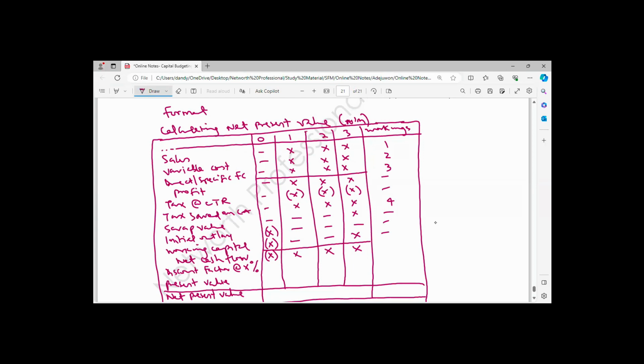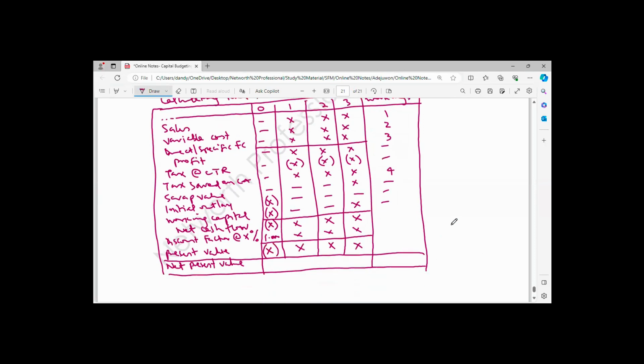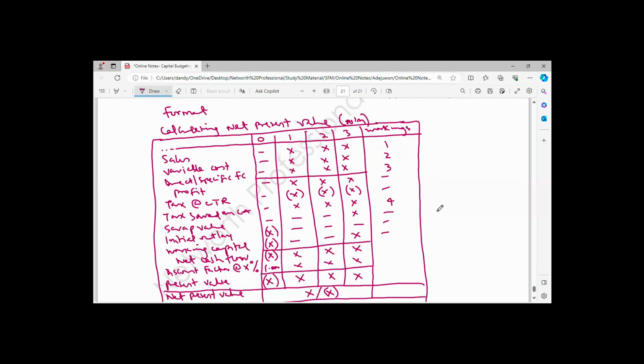I need to find the discount factor. Whatever the discount factor is, I'll put it there. Then I will multiply. I will get the present value of cash inflow. Then I will get present value of cash outflow. Therefore, my NPV represents the difference between present value of cash inflow and present value of cash outflow. So this is how I'm going to calculate my net present value.